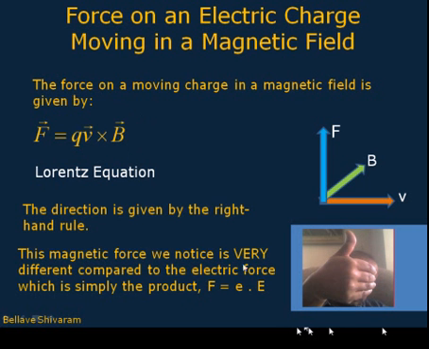Neither does it involve the velocity, so it's independent of how the particle is moving. So whether the particle is at rest or in motion, it feels the same electric force. Now let's see how we can exploit the difference in behavior between these two types of forces to build this velocity selector.